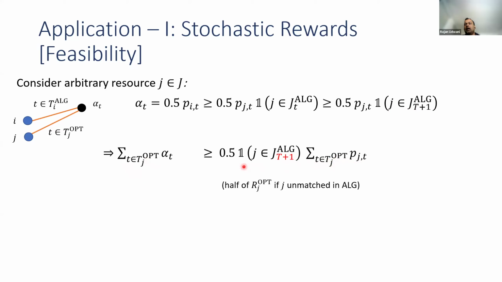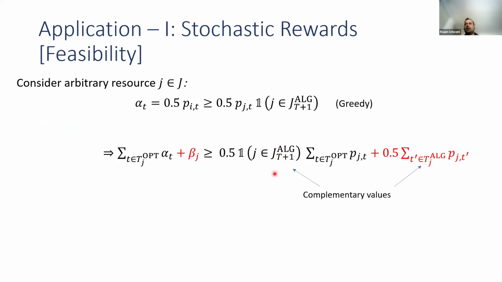Now this is nice in the sense that if ALG does not match a particular resource j successfully, then I am doing quite well, because I'm already getting half of the reward of OPT. So I am moving towards getting a half competitive ratio. I'm in trouble if ALG actually does end up matching j to something, because then this indicator is 0.